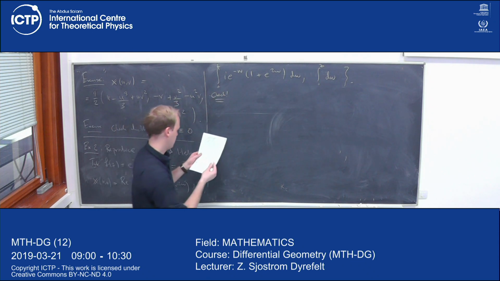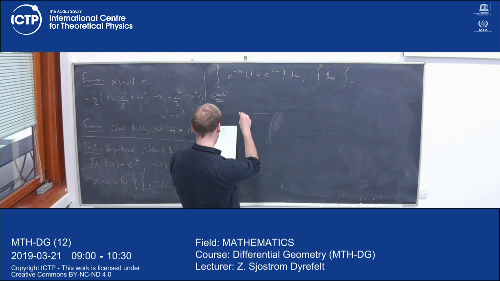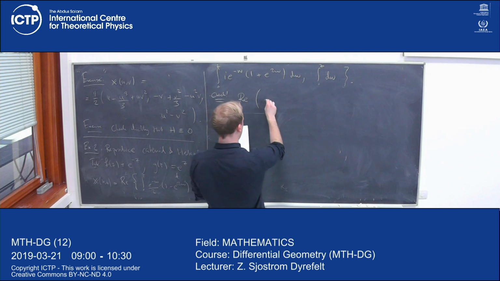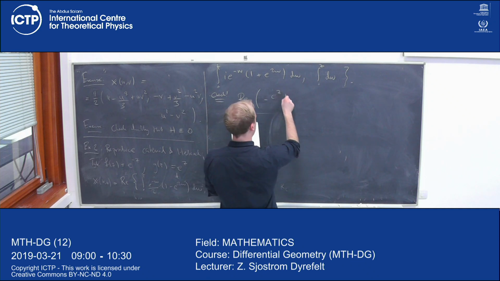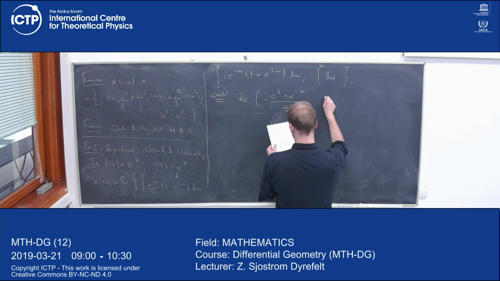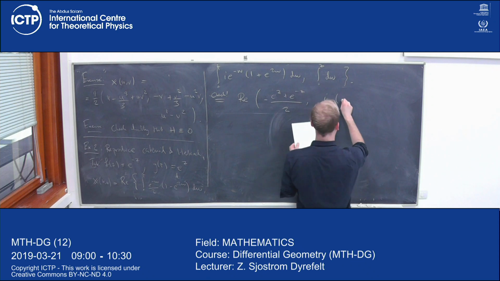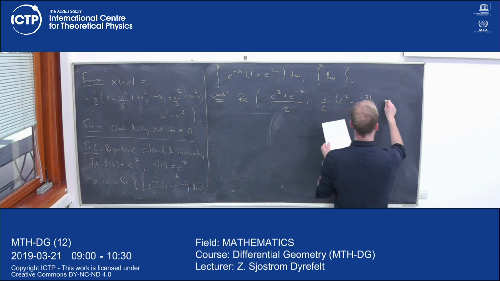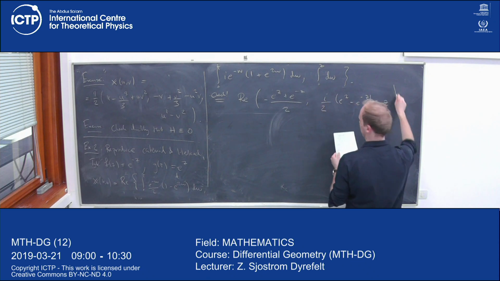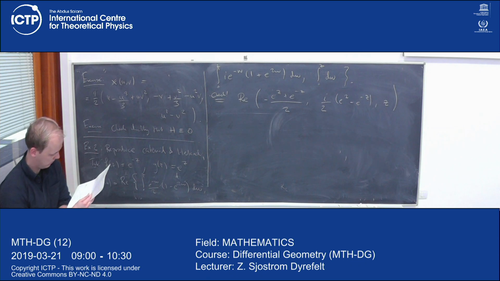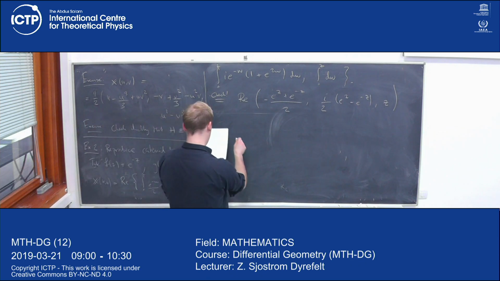Okay, and this you can check is actually equal to the real part of minus e to the z plus e to the minus z over 2, and then i over 2 times e to the z minus e to the minus z, and then z.